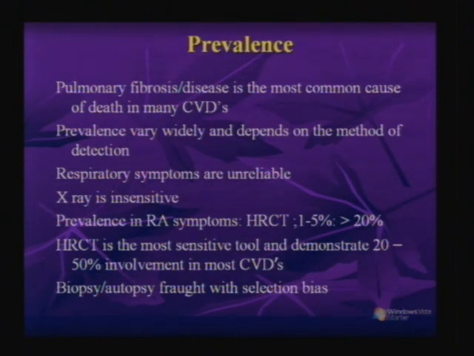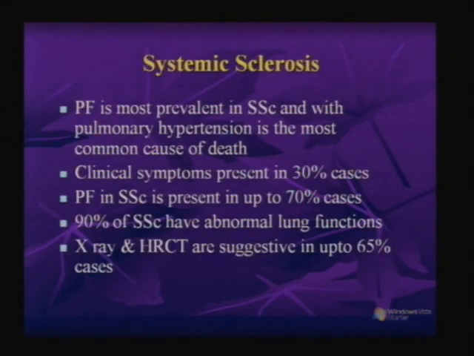If you compare symptoms with HRCT, by symptoms it is 1 to 5%, while by HRCT it is more than 20%. HRCT is by far the most sensitive tool and demonstrates about 20 to 50% involvement in most collagen vascular diseases. Biopsy and autopsy are fraught with selection bias, therefore they are not used as tools for prevalence.